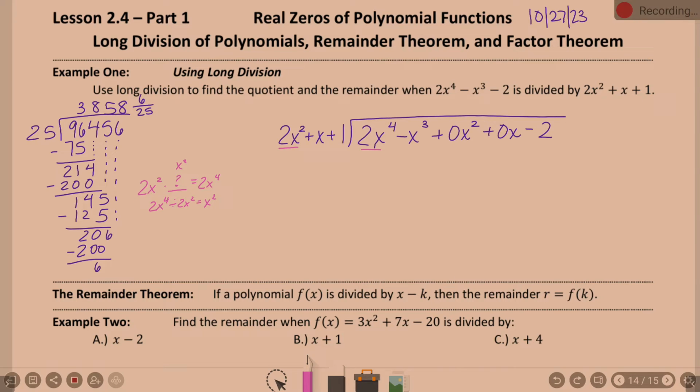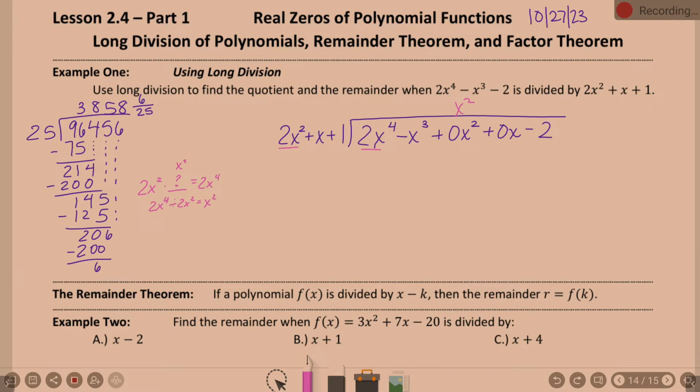Now, where does that x squared go in my answer? Up top, above the 0x squared. Two reasons. One, it's an x squared. If you have all the places set up correctly, it should always land on top of a like term. So x squared goes over 0x squared. The other thing, we're dividing by 3 terms, so you should count in 3 terms if you have all your placeholders there appropriately.